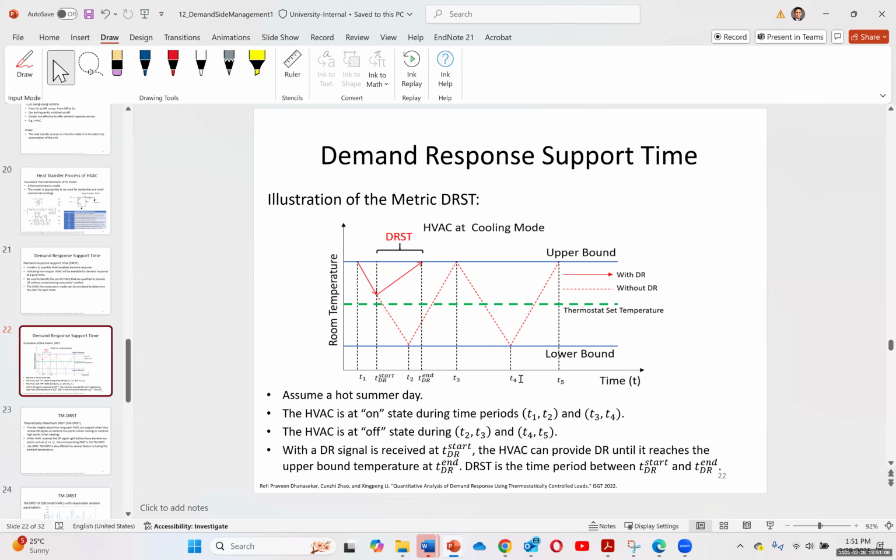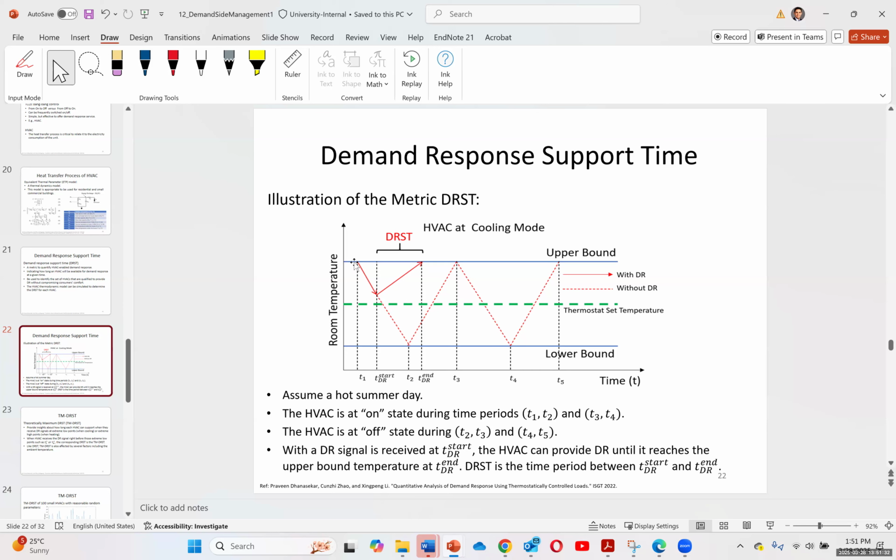So it's self-explanatory. When a DR signal is received at T_DR start, the HVAC can provide DR until it reaches the upper bound temperature at T_DR end. The DRST is the time period between T_DR start and T_DR end.